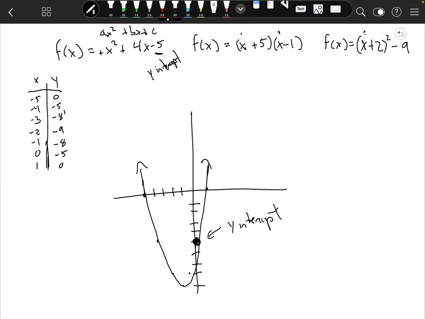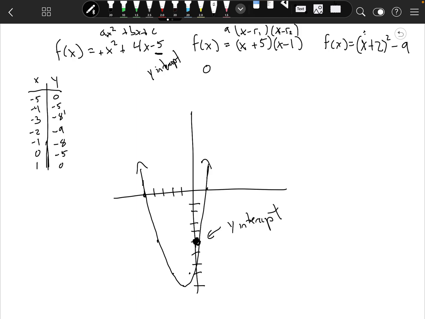Okay, so let's take a look at the next one. This is called factored form. X minus R1, X minus R2, something like that. And let's see, what's that giving us? Well, the first one gave us a y-intercept. This will actually give us x-intercepts. So an x-intercept is when y equals 0.